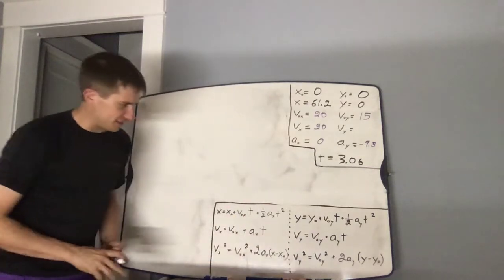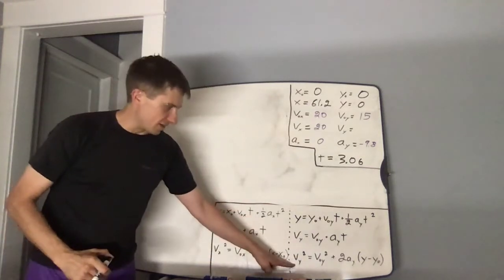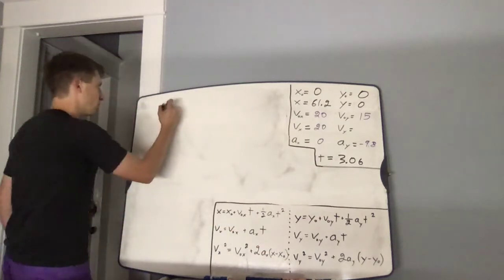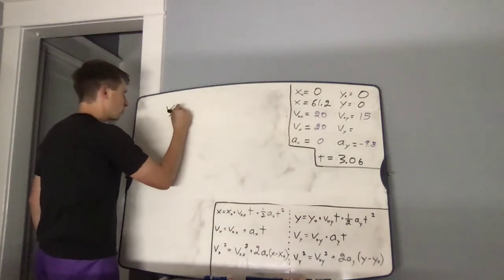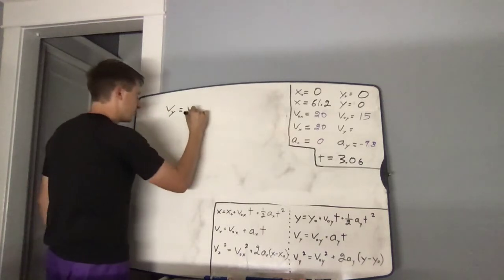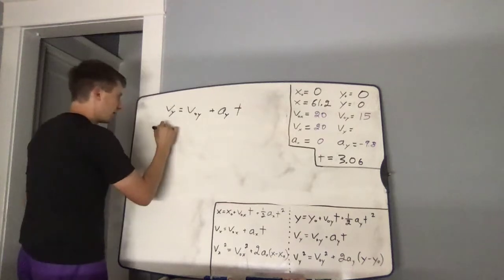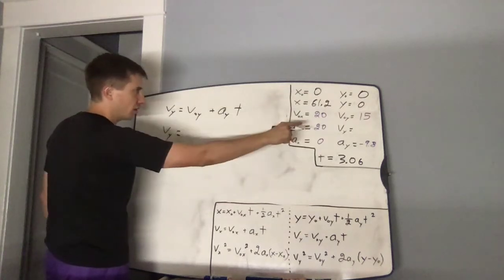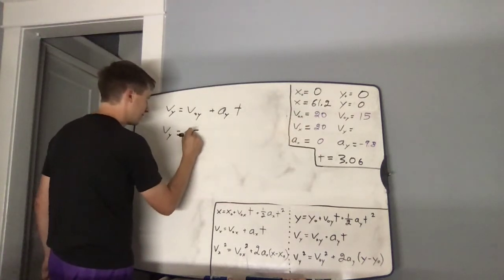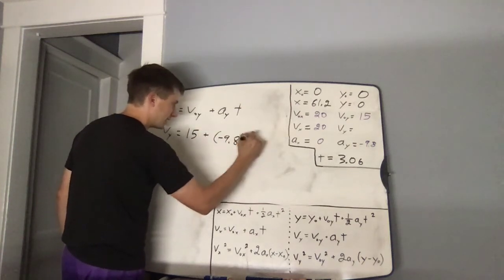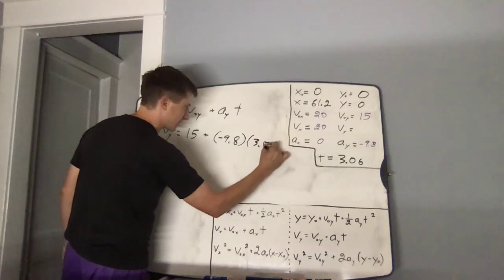So I look at this, Vy is there and there. I'm going to go with this equation because it's shorter. So Vy I could write as v initial y plus ay times t. Vy is equal to v initial y, which is 15, plus negative 9.8 times 3.06.